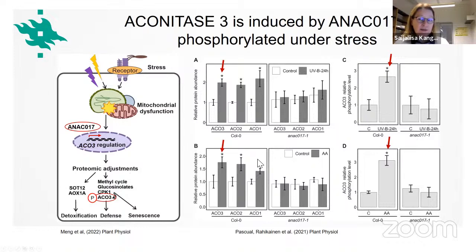And essentially similar results were then obtained when mitochondrial ROS production was triggered by this antimycin A treatment. Again, the aconitase abundance increased, and the aconitase phosphorylation also quite significantly increased. So we were wondering how this kind of ROS-induced phosphorylation could impact plant stress tolerance.